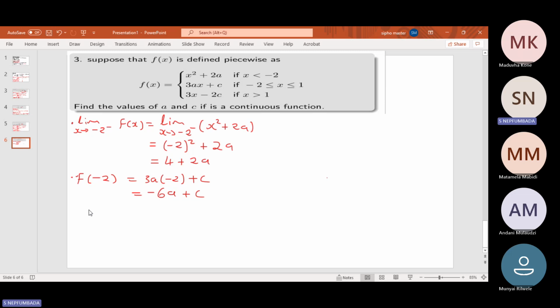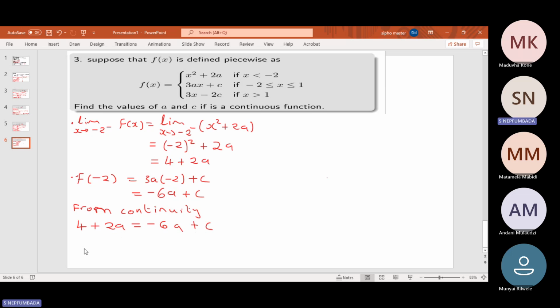Are we fine? Then from continuity, we know that 4 plus 2a equals to minus 6a plus c. Is that so?